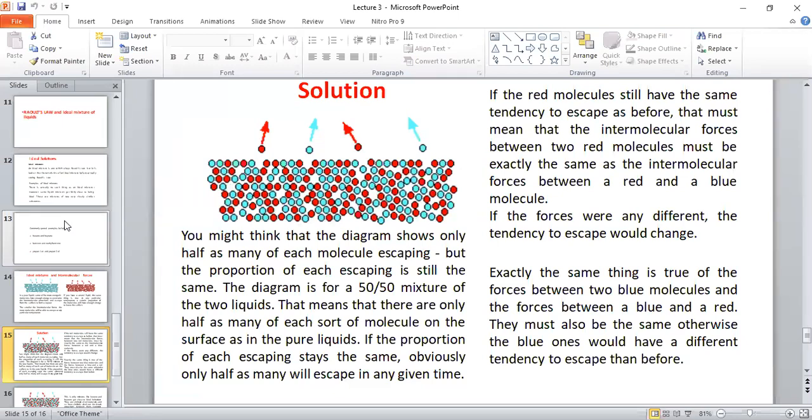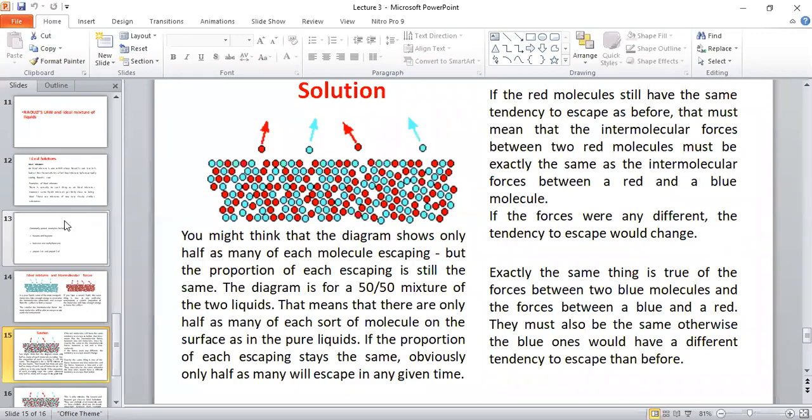Each has the same proportion escaping because it is the same strength of intermolecular forces that is holding them in place. So in the mixture here, as you see, there are intermolecular forces between blue molecules, between red molecules, and between blue and red.